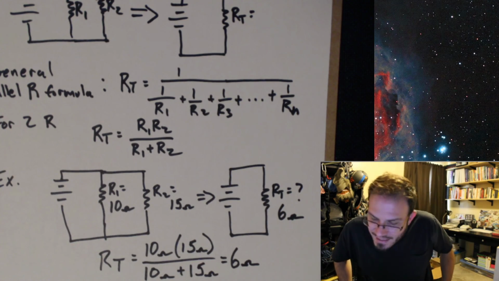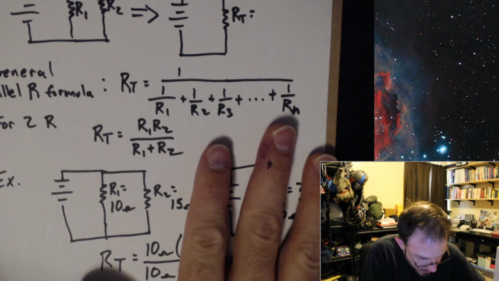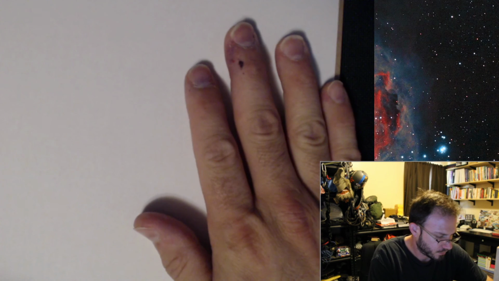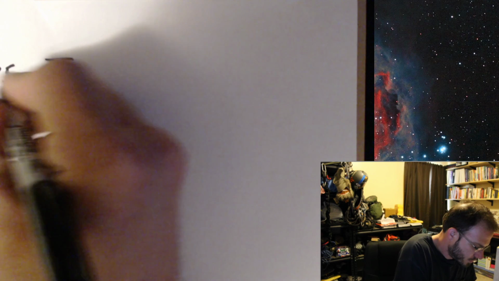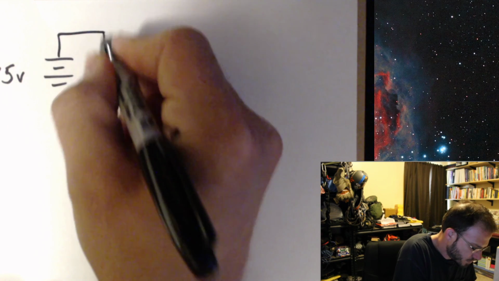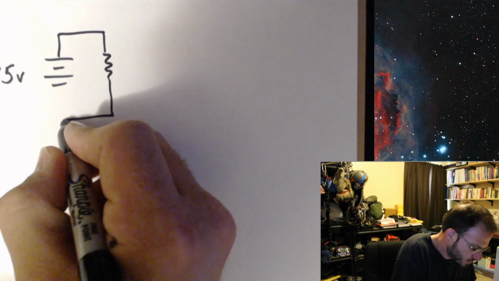Now let's go ahead and use this for a circuit. Let's say I have a 75 volt voltage source. I want to make that larger.